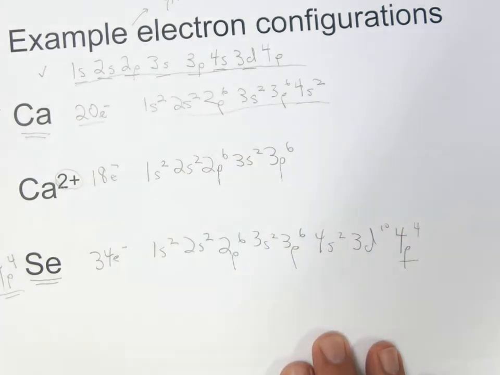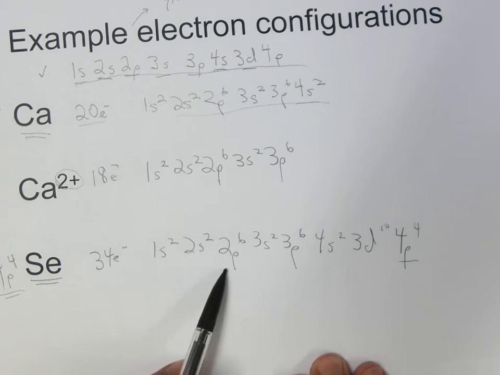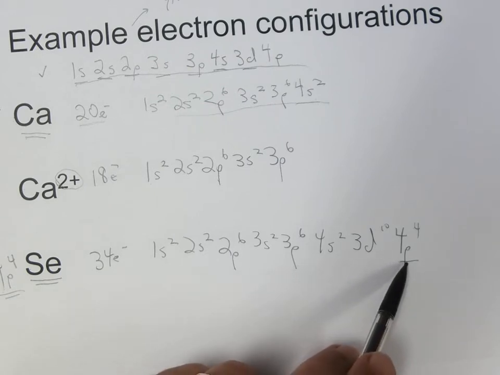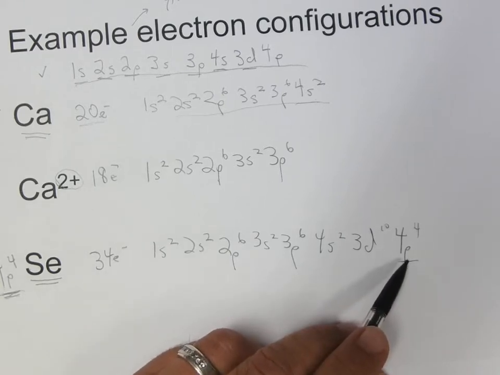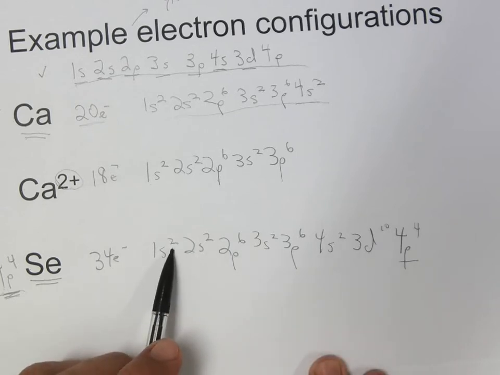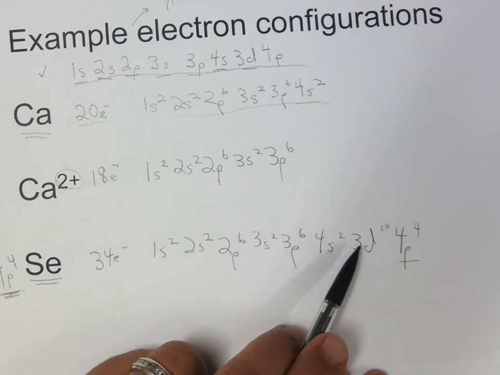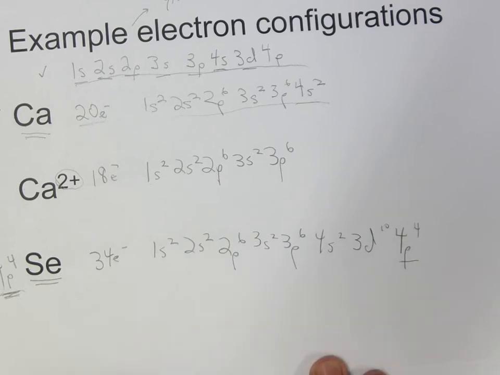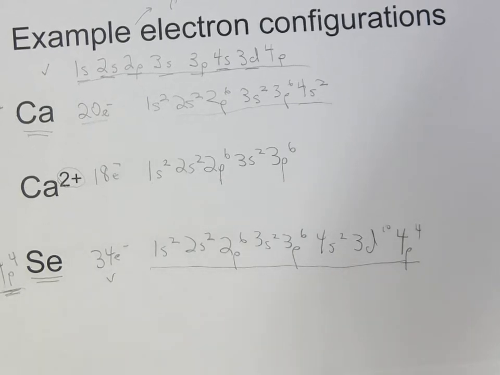So I start at the lowest sublevel, and I just fill in increasing energies until I get to my predicted stopping point, 4p4. Now I'm going to see if I accounted for all the electrons. 2, 4, 10, 12, 18, 20, 30, 34 electrons. Check. It looks like this is a good electron configuration for selenium.